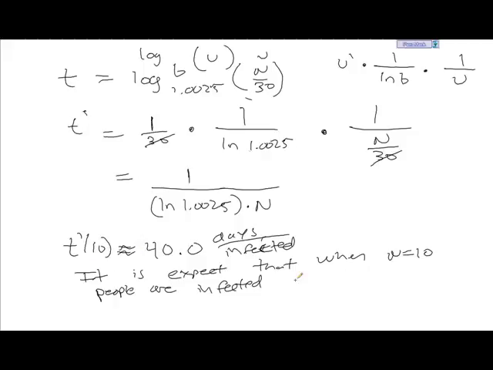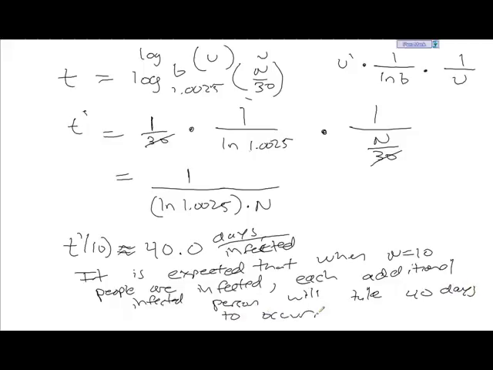So what does this mean? It is expected that when n equals 10 people are infected, each additional infected person will take 40 days to occur.